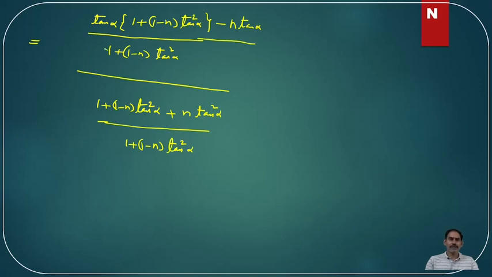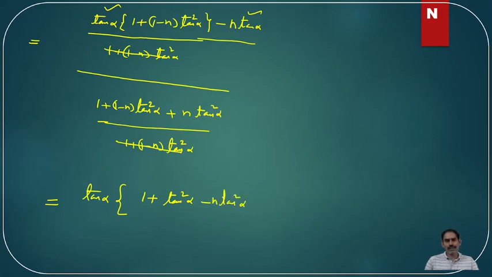Here the denominators are both cancelled. Numerator: tan alpha is there, here also tan alpha, so tan alpha is common outside. Remaining 1 plus 1 into tan square alpha minus n tan square alpha, next minus n.